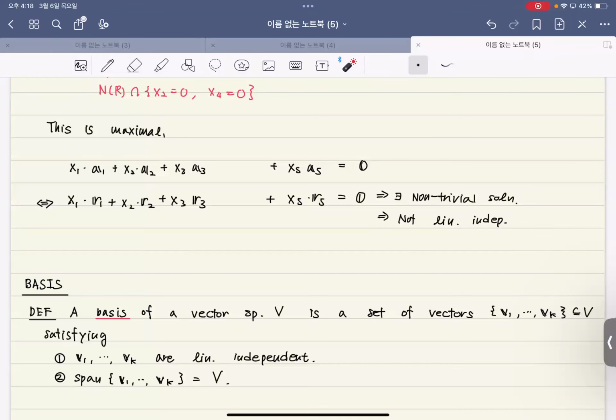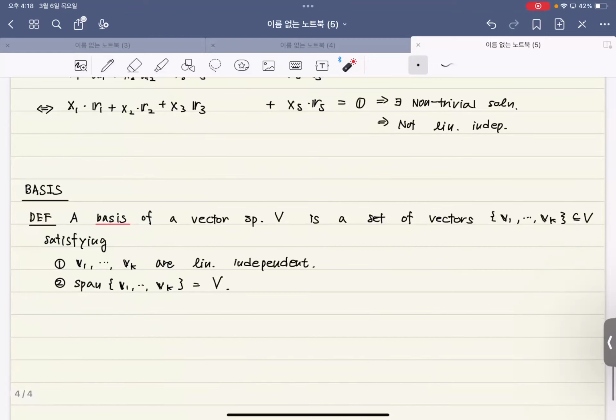If your number of vectors is too small, then the span may fail to achieve the entire vector space V. Therefore, in order to be a set of basis vectors, your number of vectors should not be too small, but at the same time should not be too many. It has to be somewhere in the middle. So if you are lucky enough to find such a set of vectors satisfying these two seemingly opposite conditions, then it is called a basis.